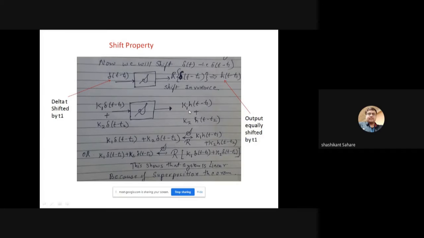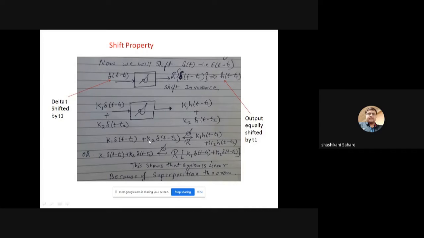So in the output we'll get k1 multiplied by the impulse response which we get because of δ(t − t1), plus k2 multiplied by the impulse response which we get because of δ(t − t2), that is h(t − t2).